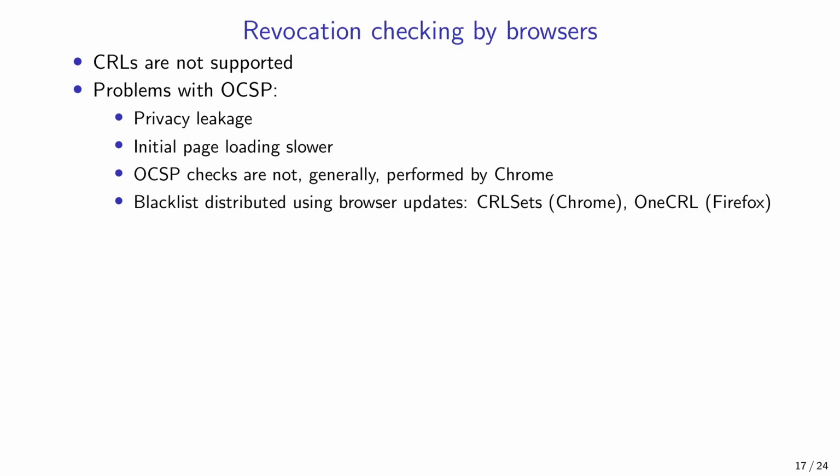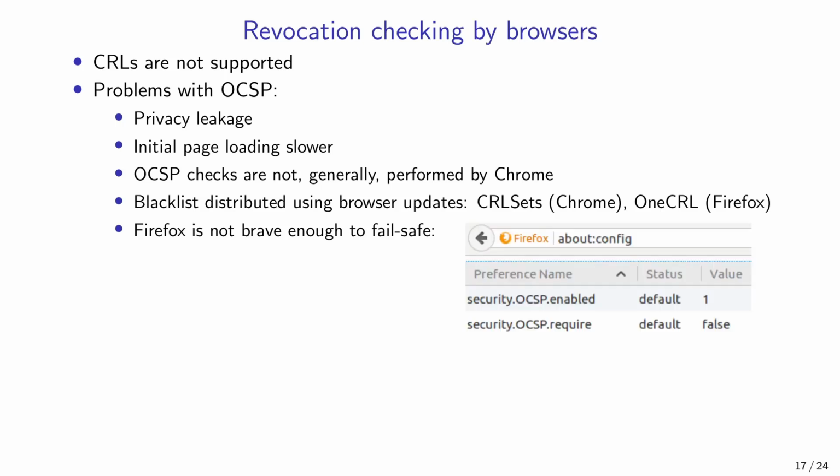The problem, however, is that even though Firefox uses OCSP, Firefox is not brave enough to fail-safe or hard fail. What it means is that if we take a look at the OCSP configuration parameters in Firefox, we will see that OCSP here is enabled, but the OCSP require option here is set to false.